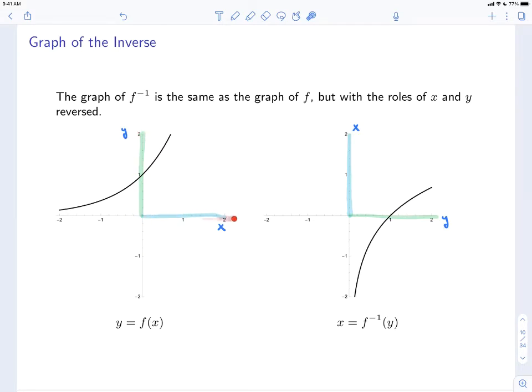So we just take these positive x values and swap them with the positive y values, and then we get this picture here. And of course, we swap the negative y values with the negative x values as well. But what that means is that the graph of f inverse is the mirror image of the graph of the original function through a certain axis, and that axis is y = x, because that's where x and y swap over.